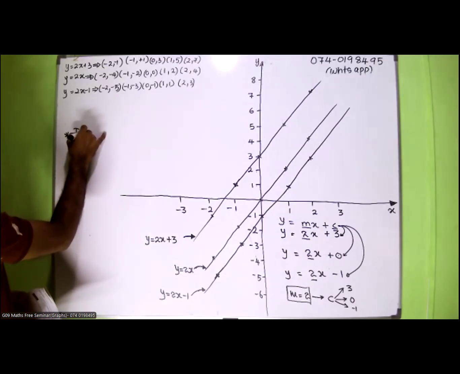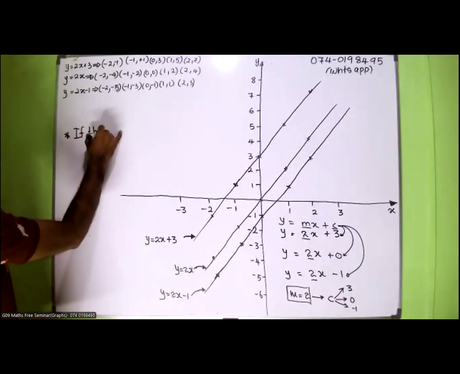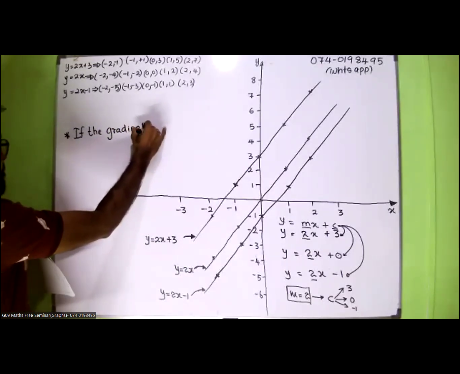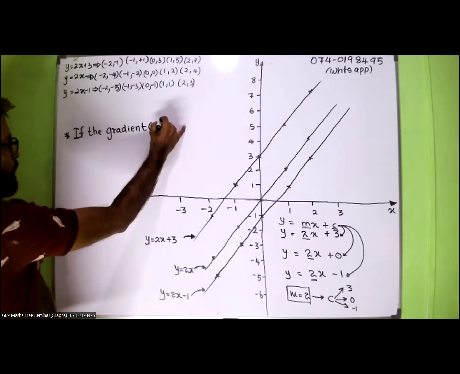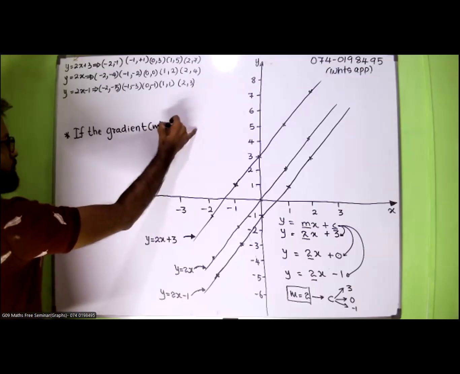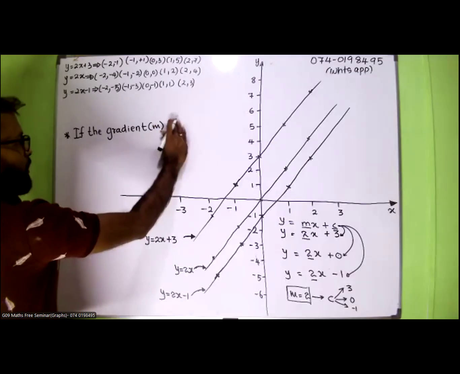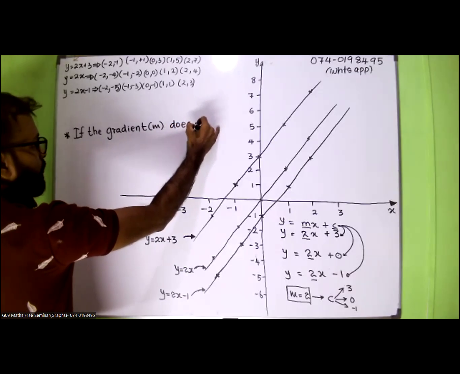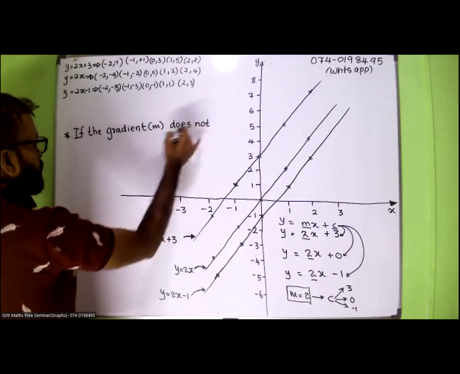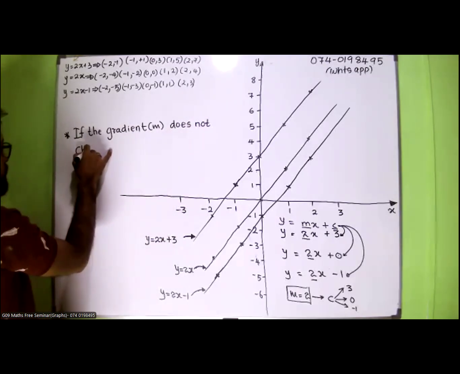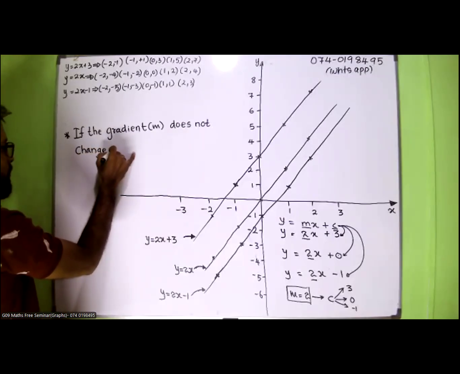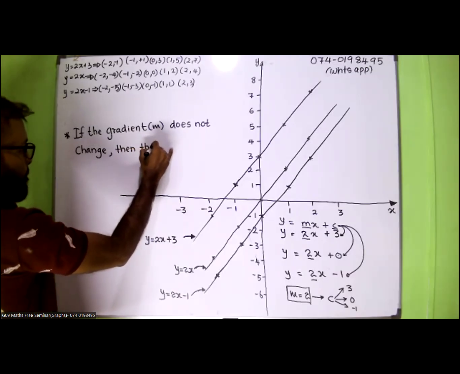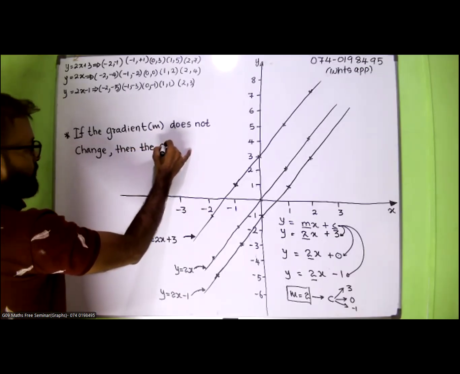Important point here, you have to remember this: if the gradient, or let's say m, does not change, then the graph lines are parallel.